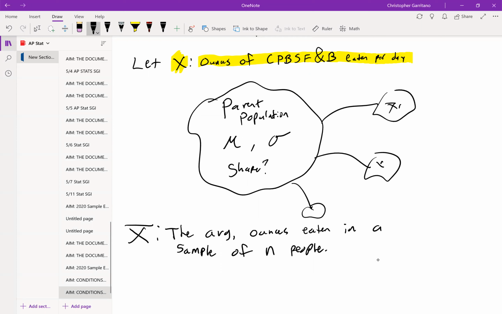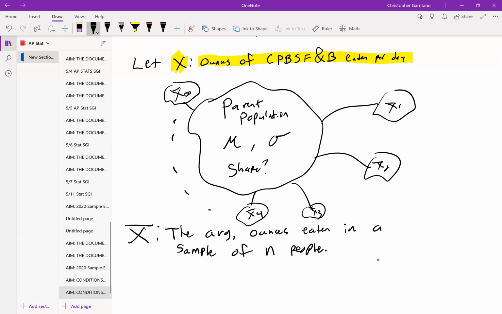Here's X bar 1, X bar 2, X bar 3, X bar 4, and let's say here's X bar infinity. In theory, let's say we chose every possible combination of n people that we can from this population.